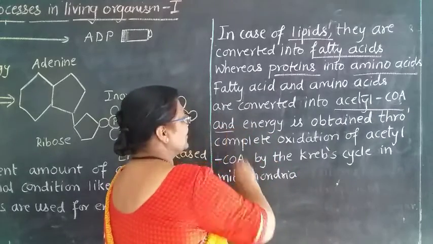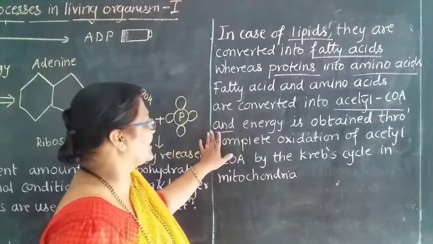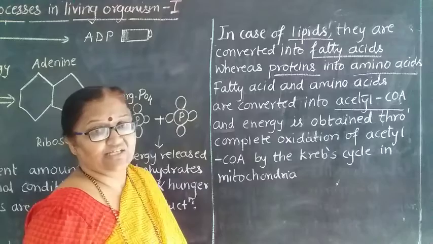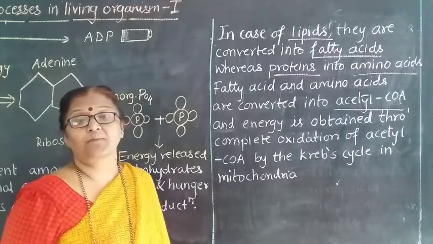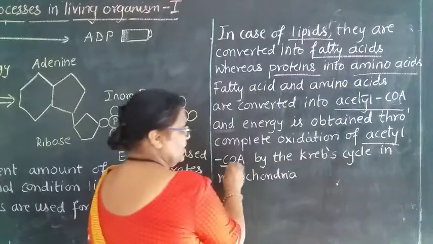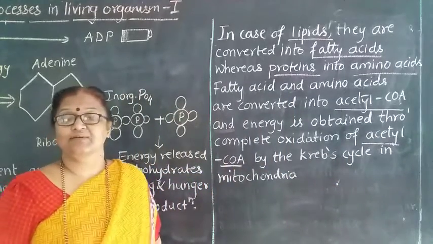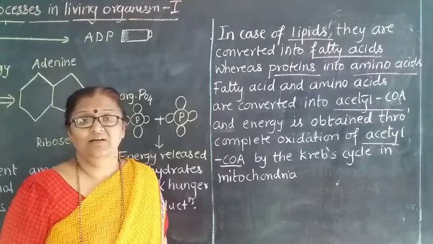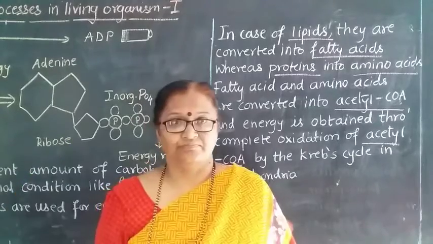This acetyl coenzyme is very important because energy is obtained through its complete oxidation, and this is done by the Krebs cycle in the mitochondria.